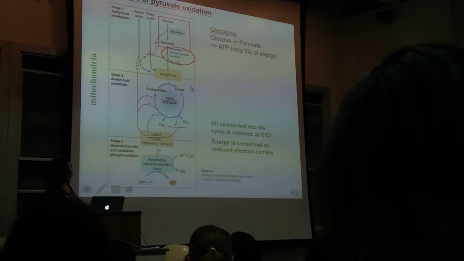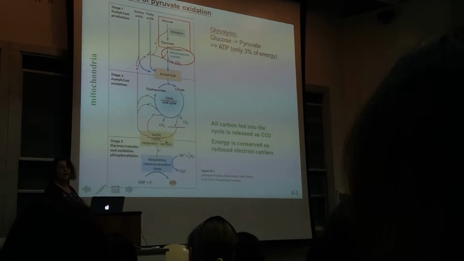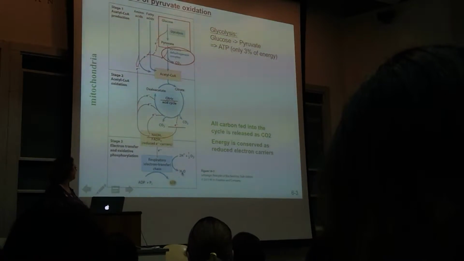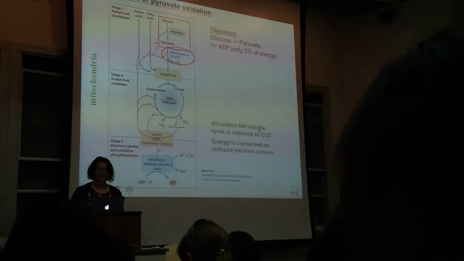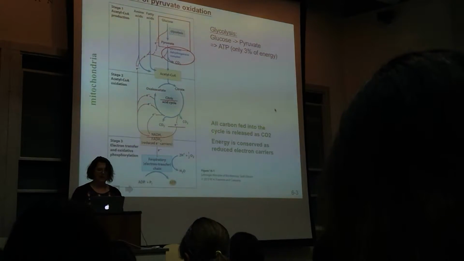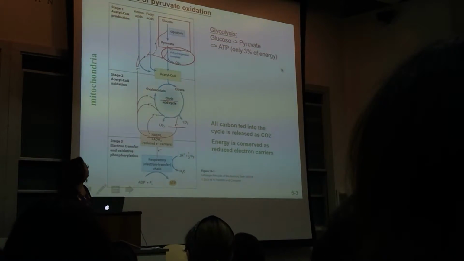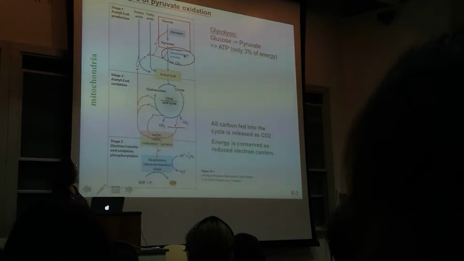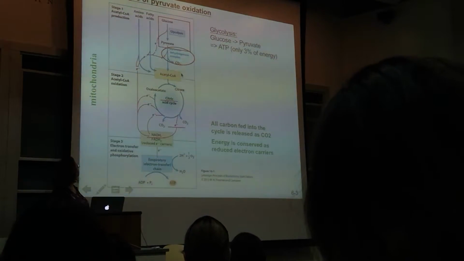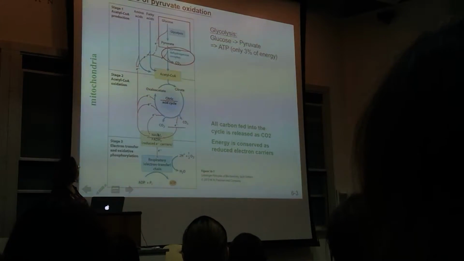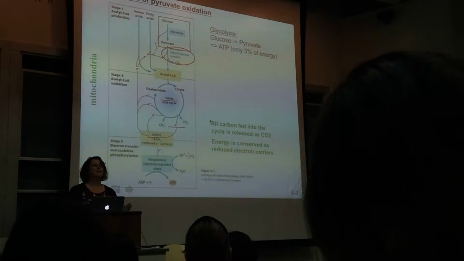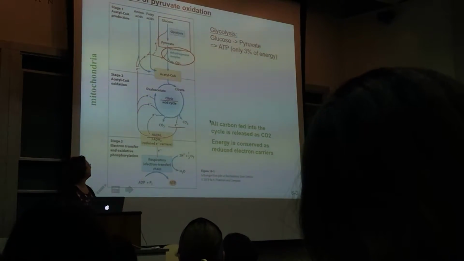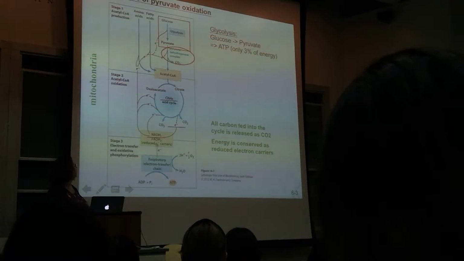And that's why you're then doing this oxidation to then transfer it to these electron carriers to then make a lot of ATP. And all carbon fed to this cycle is released as CO2, which will go through the reactions. But you have a CO2 being released here, here, and here. And so you have energy also, just to re-emphasize this point, it's all stored as electron carriers.